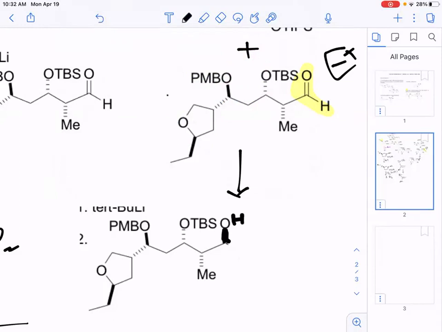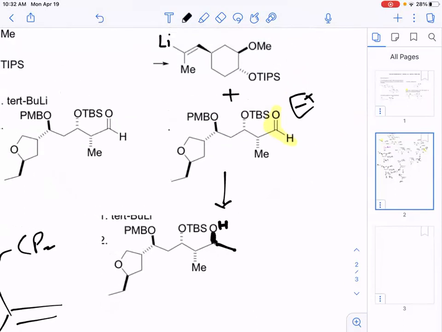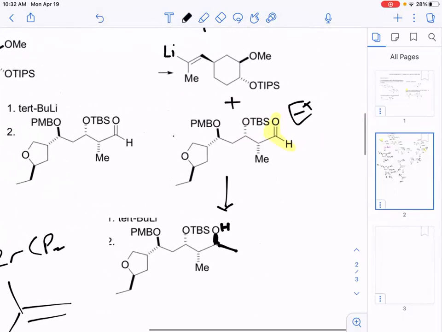And then that carbonyl carbon is going to have been attacked by, let me see if I can cheat. Never mind, I'll just draw it. So that's going to have been attacked by that vinyl lithium.